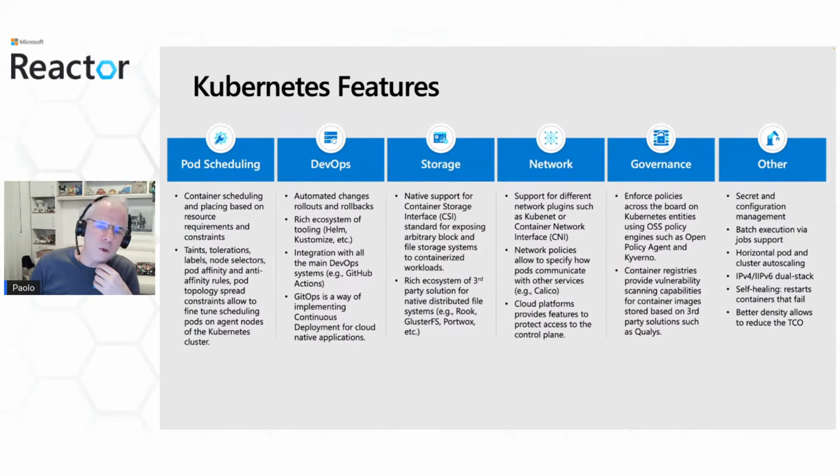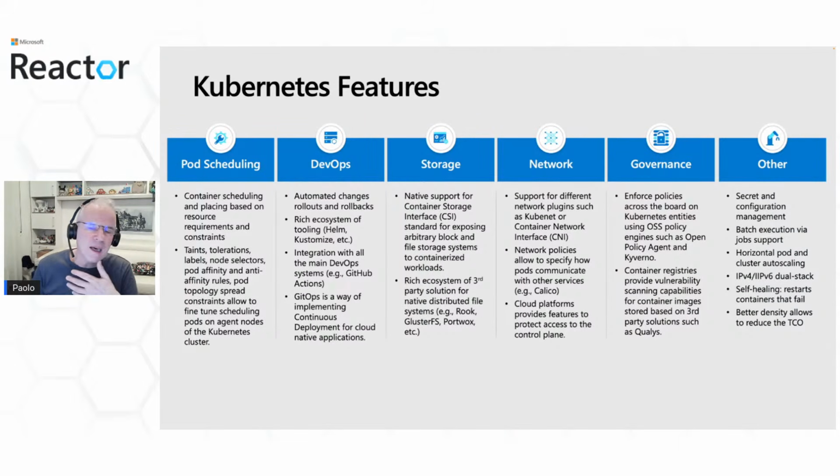And also talking about container images that are used by your containers running on Kubernetes cluster. Typically, container registries and third-party solutions provide features for vulnerability scanning, so that before deploying a new version of your application, you can make sure that your containers do not contain vulnerabilities.